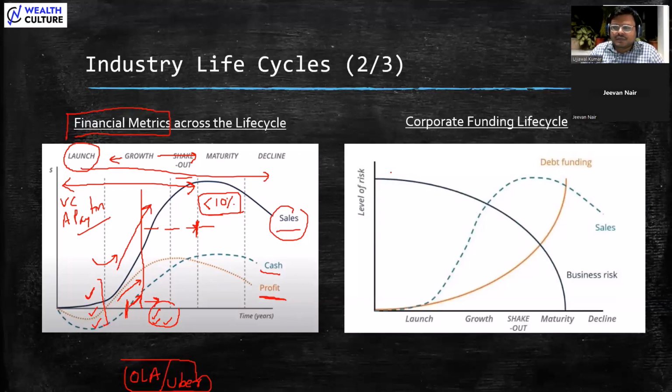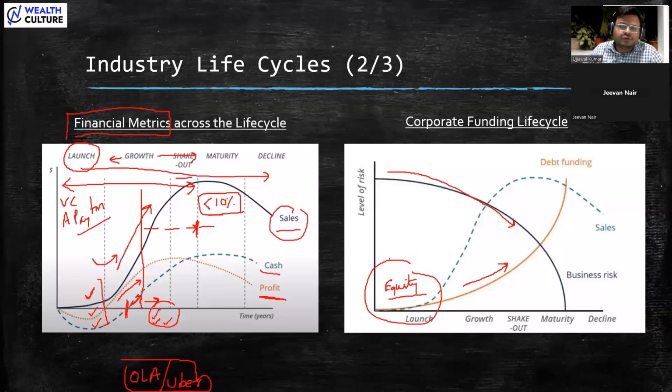And if you look at the same thing from a funding point of view, two things you can see very clearly. One is the business risk is going down as we mature, and you see the debt funding component increasing, and everything else is equity. So initially a large part of the investments is pure equity, right? We have very little debt. Because you don't have cash flows, nobody trusts whether you will survive. Your cash flows are not there, your profitability is not there, nobody wants to bet.